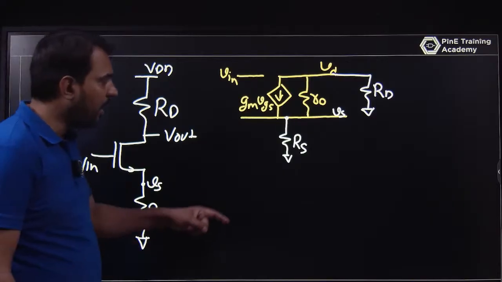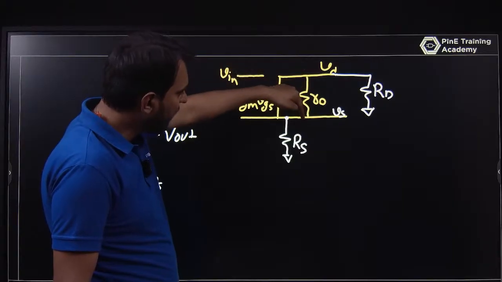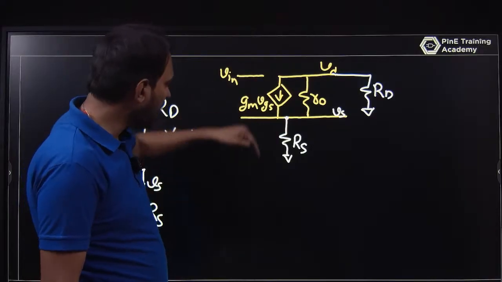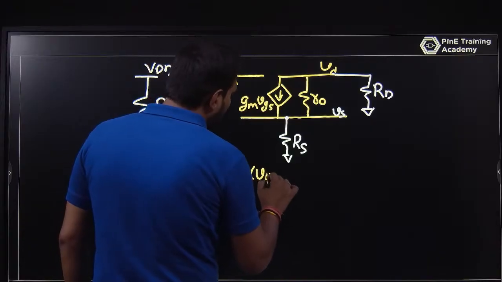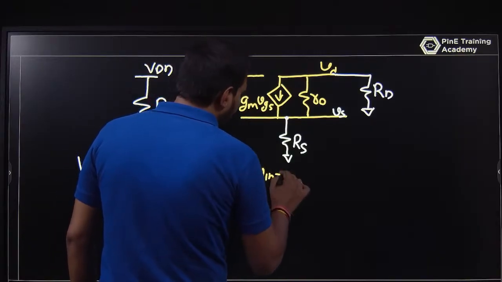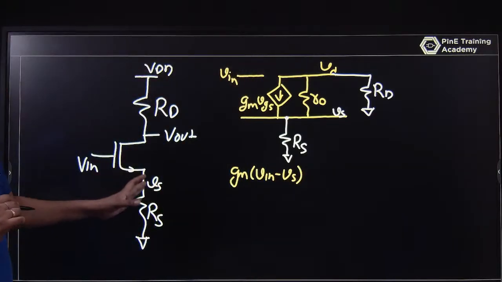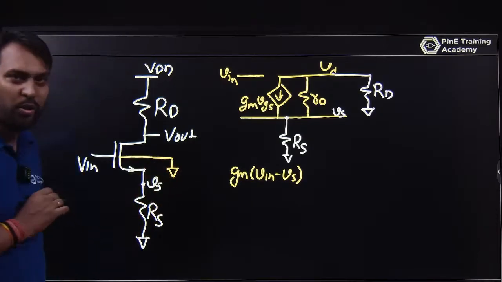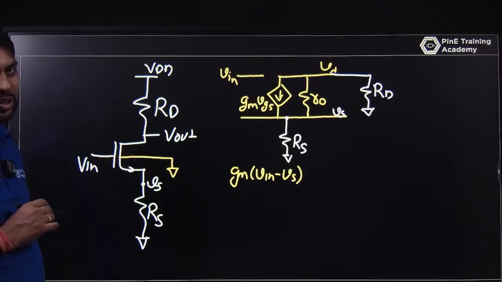So let's talk about what is happening here. At this node, this current is entering, this current is entering, and this current is leaving. The entering current is equal to GM times V in minus VS. I am not using the body here, because if the body is grounded, there is also a body transconductance, GMB VSB.